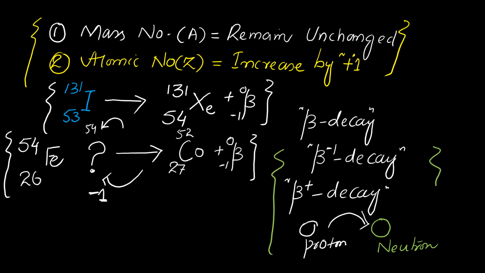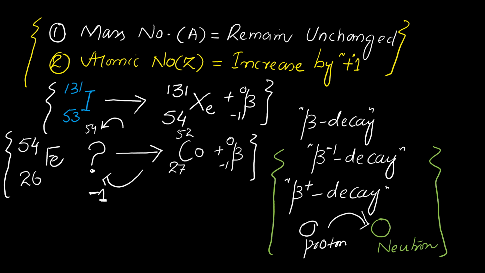So if I conclude, beta decay is a process in which a parent nuclei is converted into a stable daughter nuclei, and during the conversion it releases highly energetic electrons or beta particles.